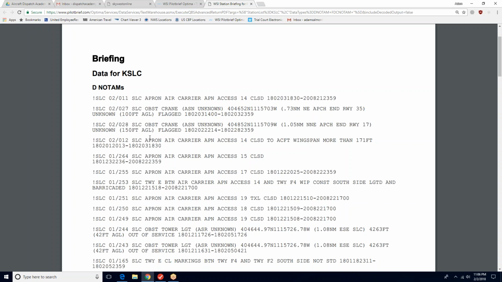Look for VOR, like a VOR approach. Look for ALS, which is Approach Light System.